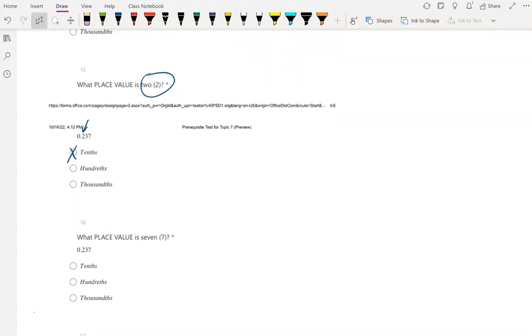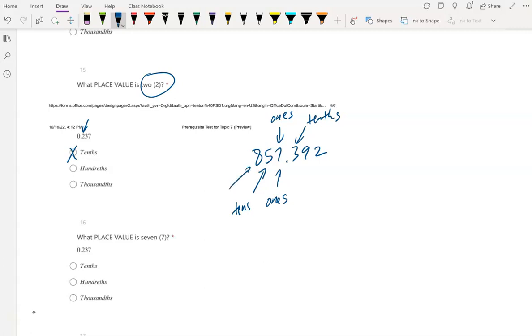The thing you can remember is that there is only one ones place when you look at numbers. Let's say I had 857.392. There's only one ones place. There's no such thing as oneths. The 5 is in the tens, and the 3 is in the tenths. The 8 is in the hundreds.